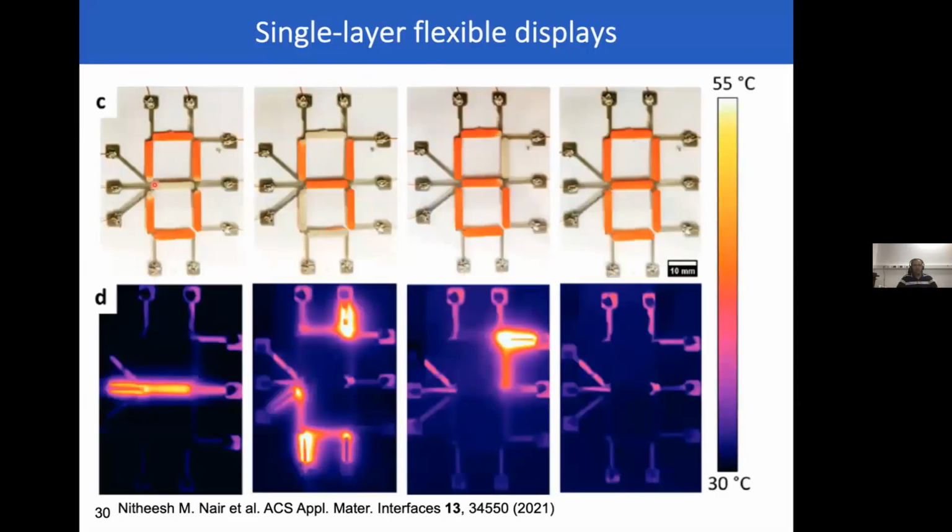Now, if I want to display a particular digit, I have to turn off the complementary segments, and I turn this off by essentially supplying current through that segment. Just to give you an example, a 7-segment display has 1, 2, 3, 4, 5, 6, 7. So these are 7 segments. If I want to display 8, I only have to bleach this segment. Everything else is colored, so I only need to pass current through this.